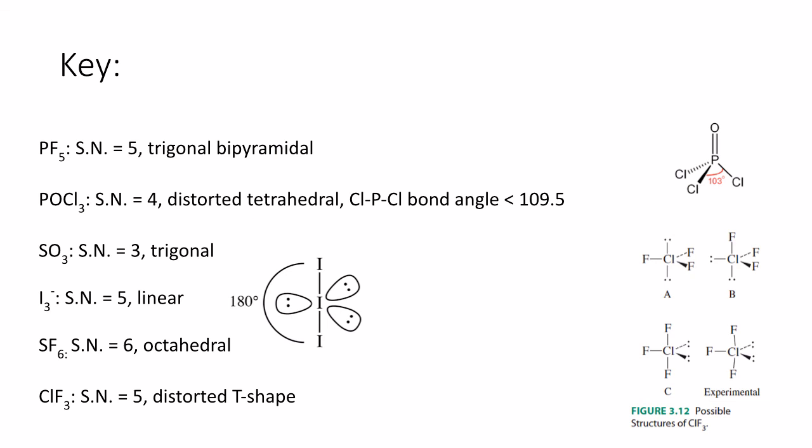Okay? So 1, 3, 2. In structure C, the situation is much better in that there's no 90-degree interaction between lone pair and lone pairs. There are 4 90-degree interactions between lone pair and bonding pairs, and 2 interactions between bonding pair and bonding pairs. So the number of interactions for each type is 0, 4, 2.